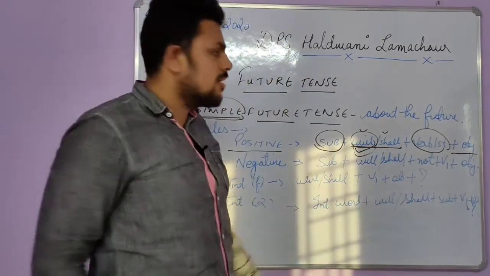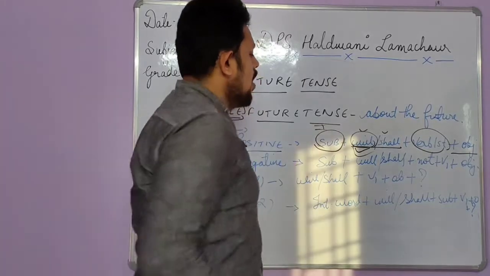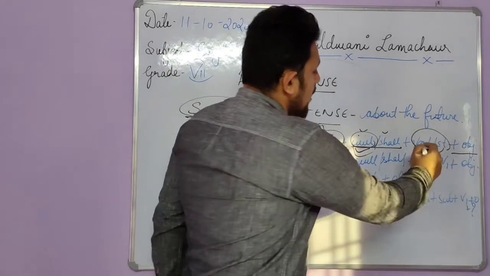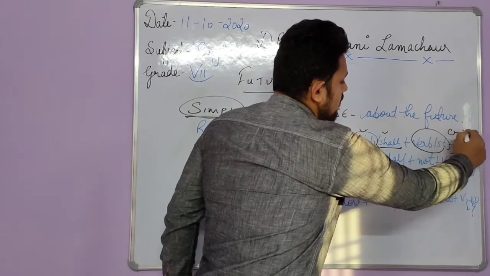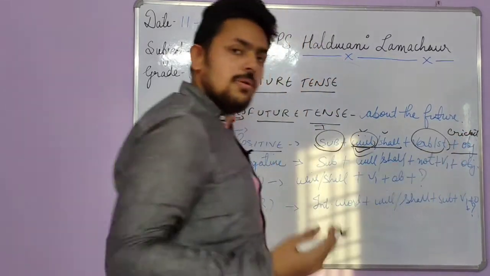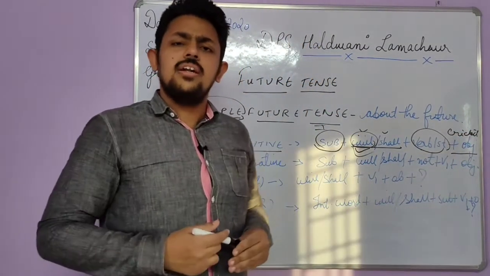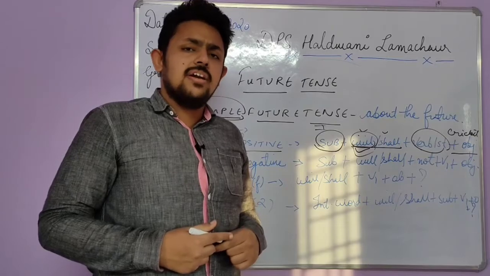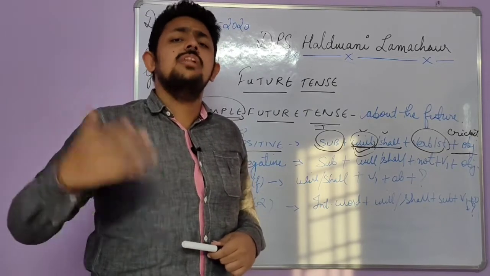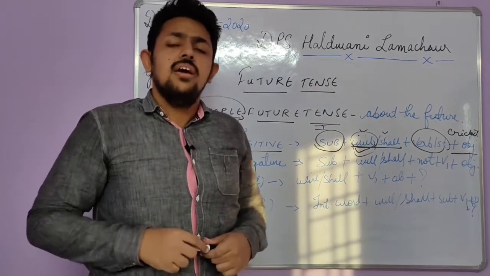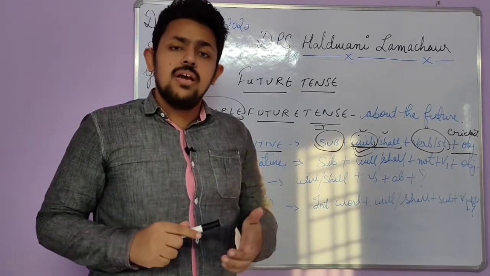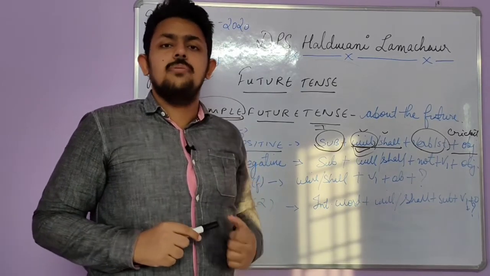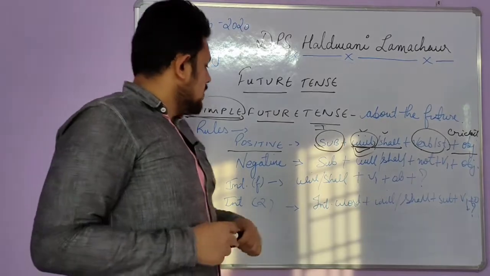So, subject: I will play cricket. Very easy, simple future. I will play cricket, I am determined. I shall play cricket means you are not sure. I shall play cricket tomorrow. I will play cricket tomorrow means I am sure that I am going to play cricket.